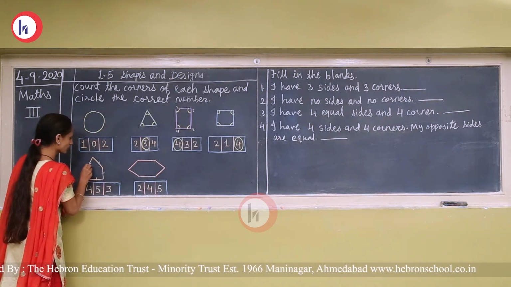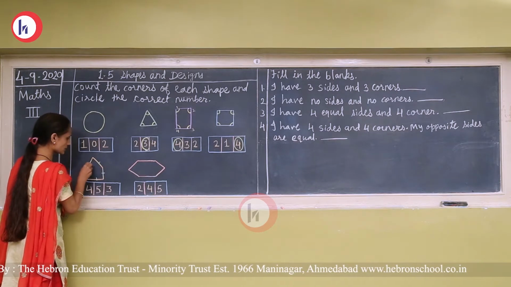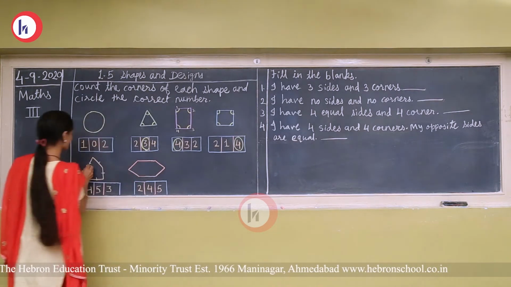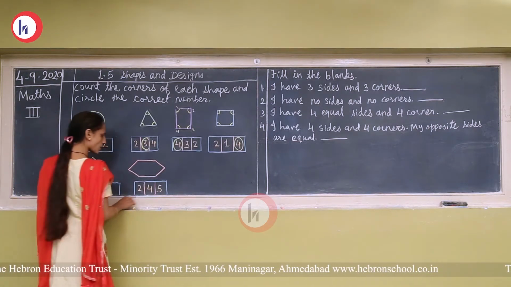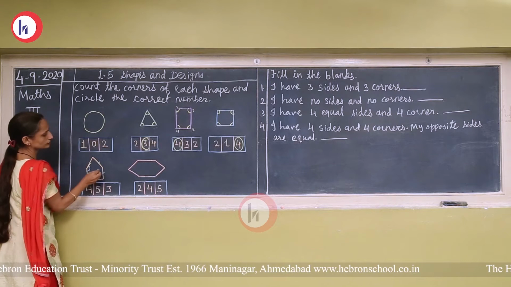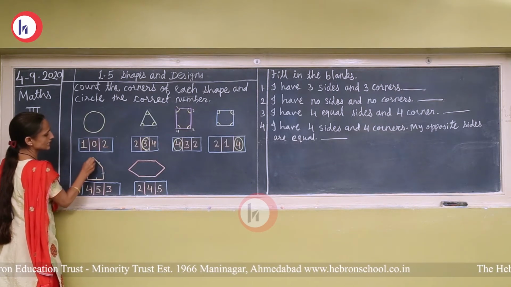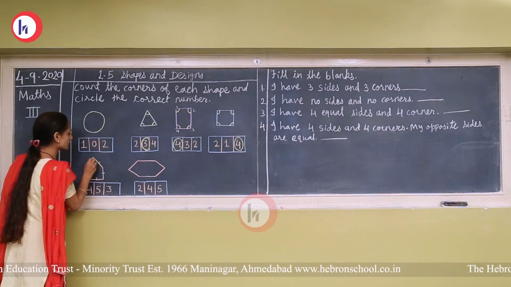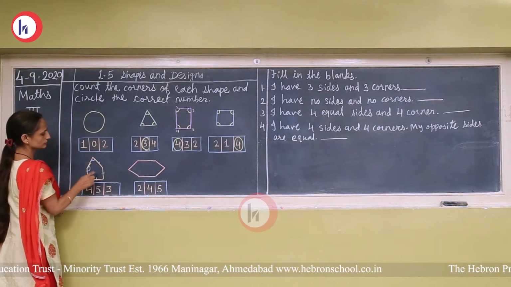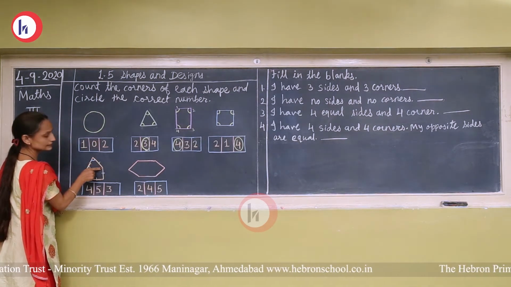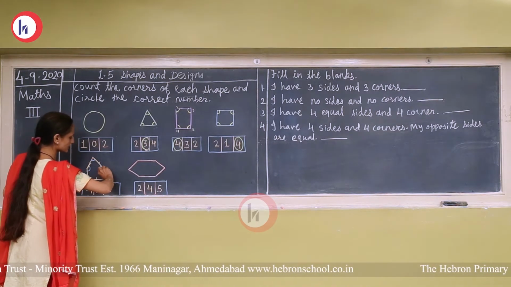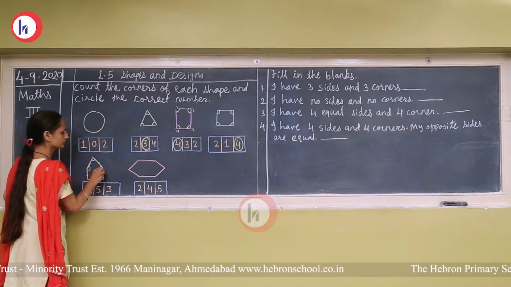See here, 1 line, 2 line, these both lines are different, so it forms a corner. So here 1 corner, then 1 line, 2 line, again 1 more corner, 2 corners, then here also 2 lines, so again it is a corner.